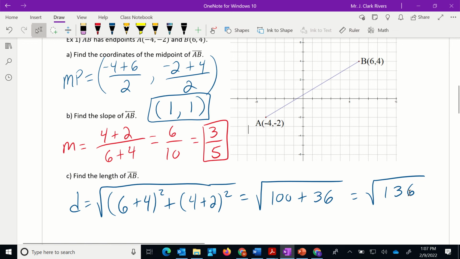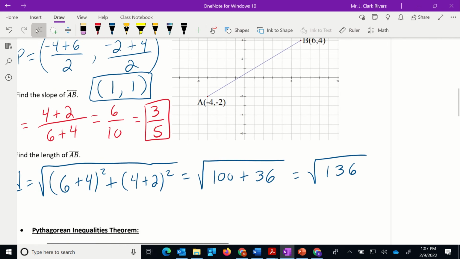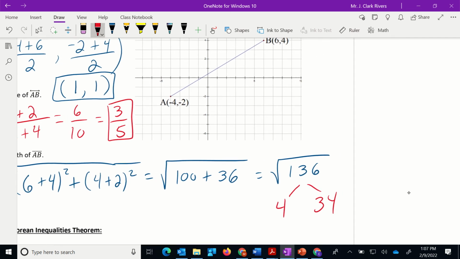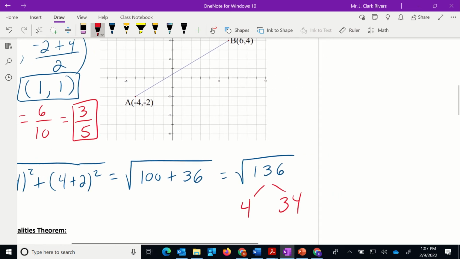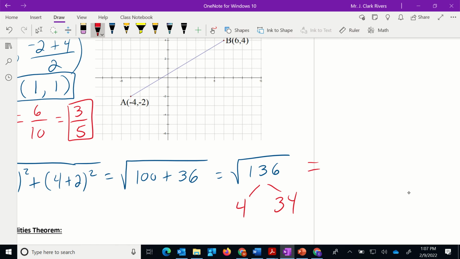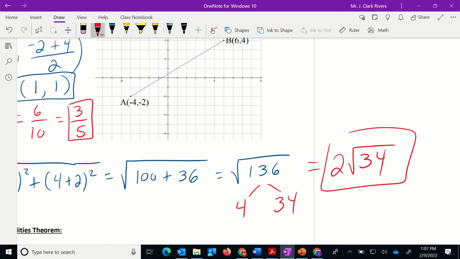Square root of all that, that's the square root of 136. Now, 136, this is 4 and 34. 34 is not prime, but it's 17 and 2. So, square root of 4 is 2, and we're left with 34 underneath. So, 2 root 34.